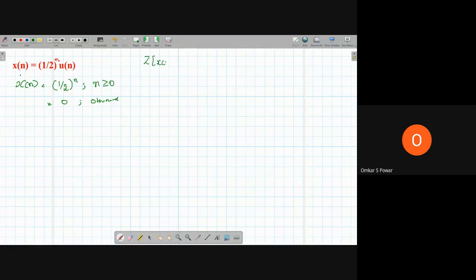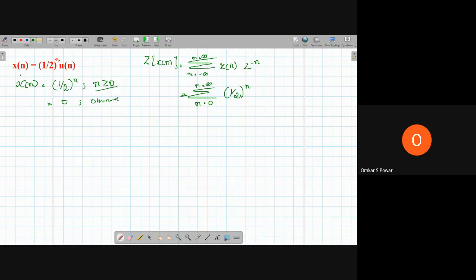Z transform of x of n is equal to summation n varies from minus infinity to infinity x of n z power minus n. So now what is your x of n? Half power of n, and it ranges from 0 to infinity.